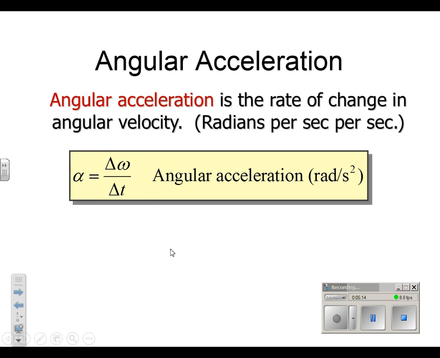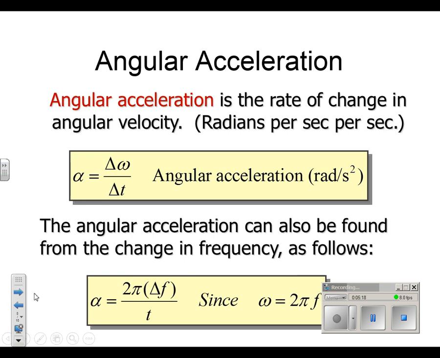So for our angular acceleration, it's radians per second squared. Now, angular acceleration can be found from the change in the frequency as well, so we can say that alpha is 2 pi frequency divided by time, since we know that omega is 2 pi f. So really it's just a substitution of one of the previous formula that I gave you for omega.